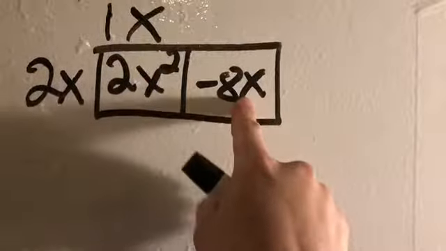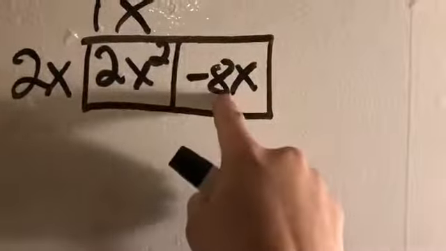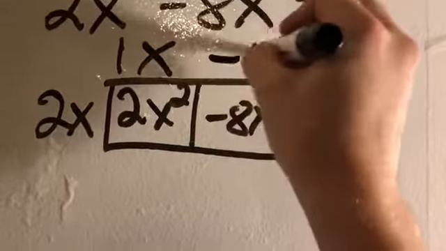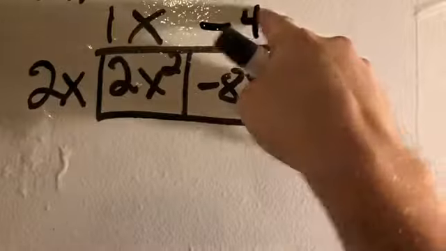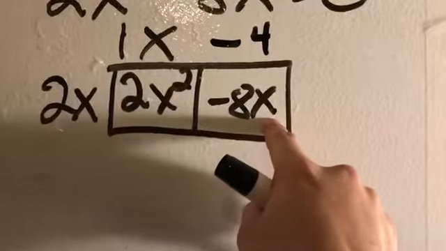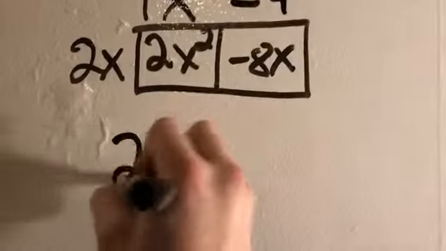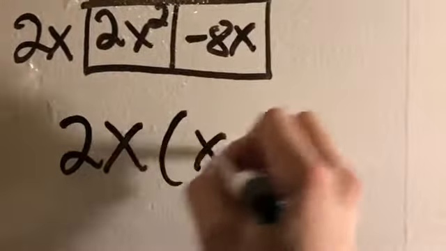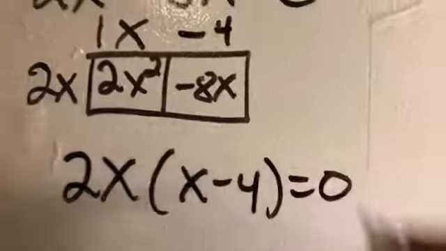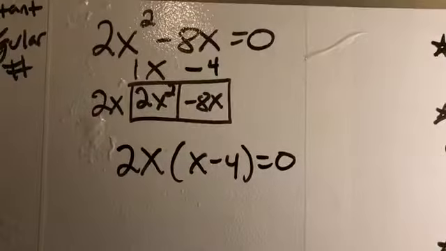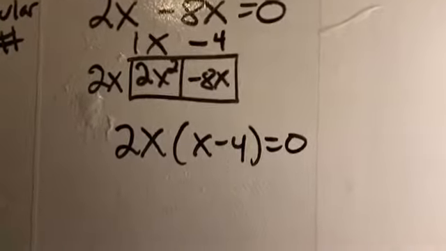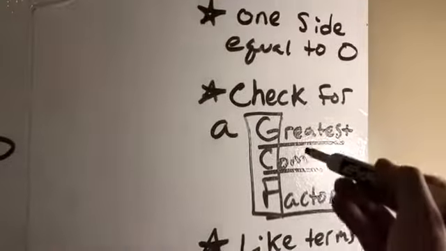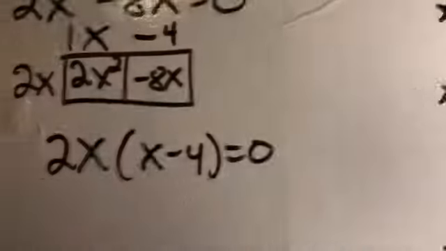Then ask yourself, 2x times what gives us negative 8x? Oh, it'd have to be negative 4. Negative 4 times 2x gets us our negative 8x. So in this problem, we just have 2x times x minus 4.